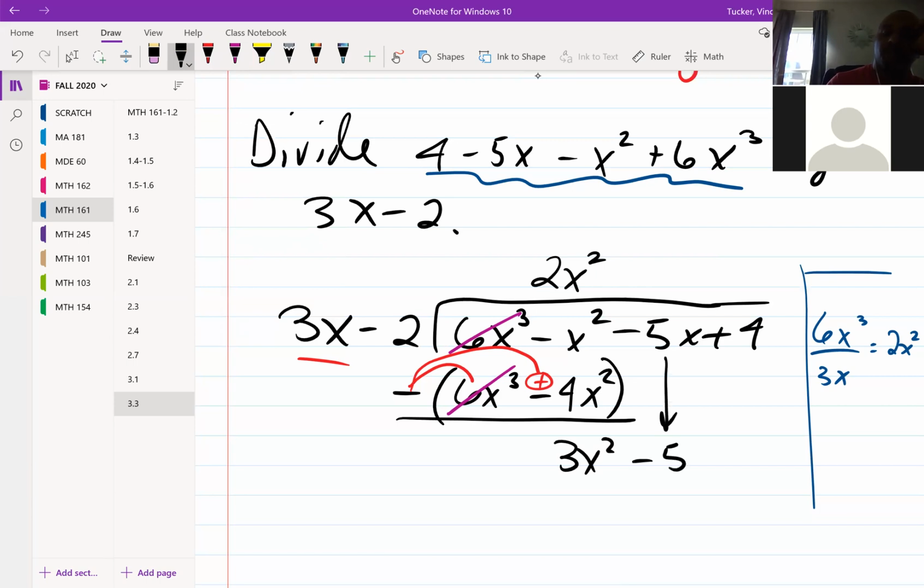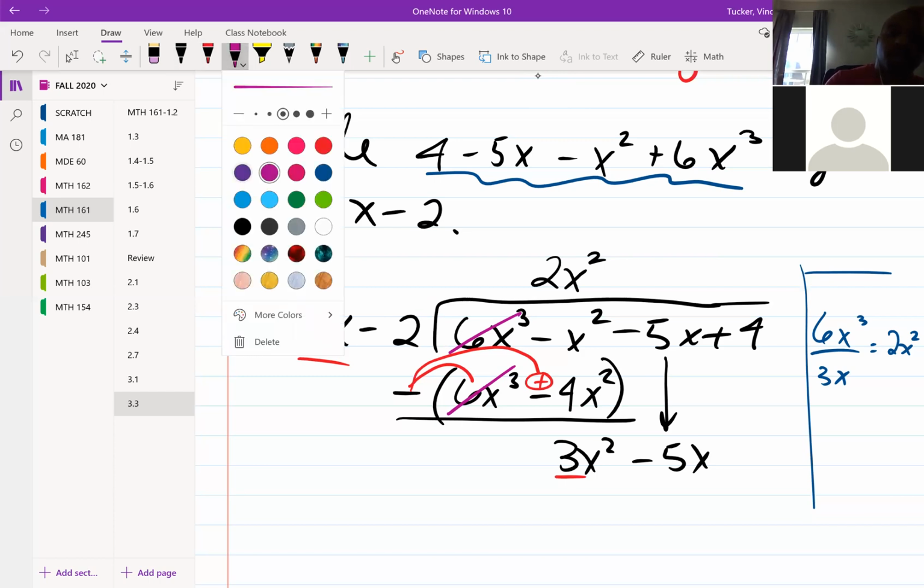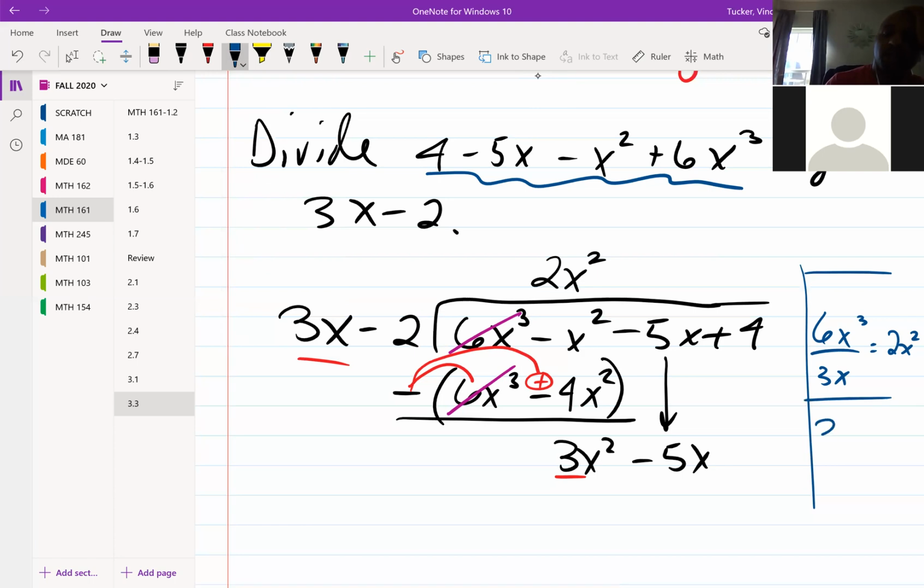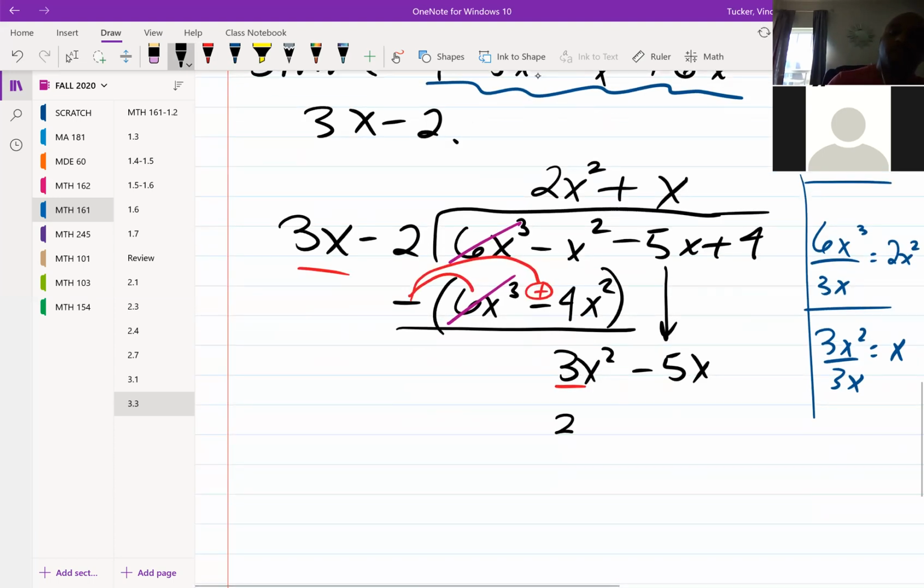Bring down your negative 5x. 3x and 3x squared. Asking yourself what times 3x will give me 3x squared. So you're looking at 3x squared divided by 3x, which is just x. So plus x goes here. X times 3x, 3x squared.